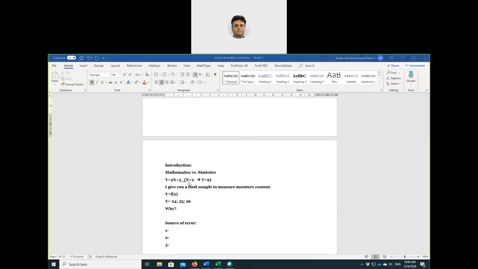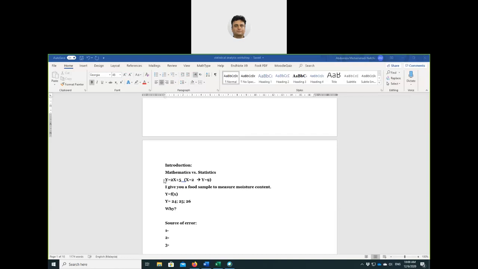If it changes to 3, you change it to 11. So here we have just one exact result. By giving x equal to 2, we have just one exact amount of y.